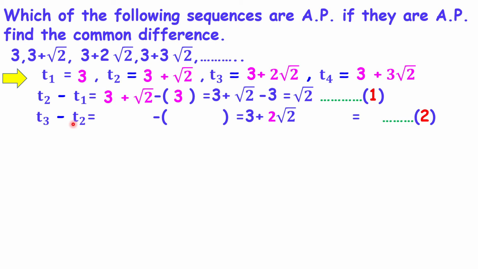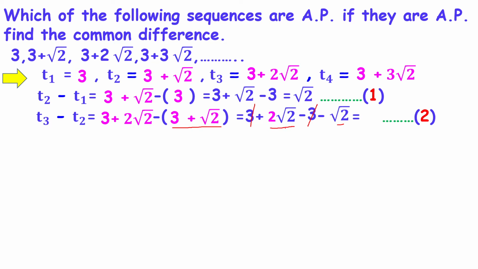Now we have to take subtraction between third term and second term. Therefore t3 minus t2. t3 is 3 plus 2 root 2, minus, in bracket, t2 which is 3 plus root 2. Here we have to open this bracket. 3 plus 2 root 2 as it is. Here plus 3 becomes minus 3 and plus root 2 becomes minus root 2. Now plus 3 and minus 3 are cancelled. 2 root 2 and root 2 are the remaining terms.